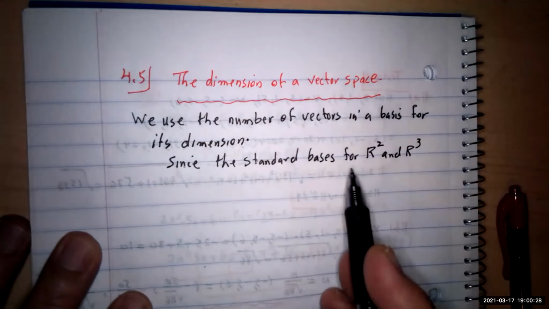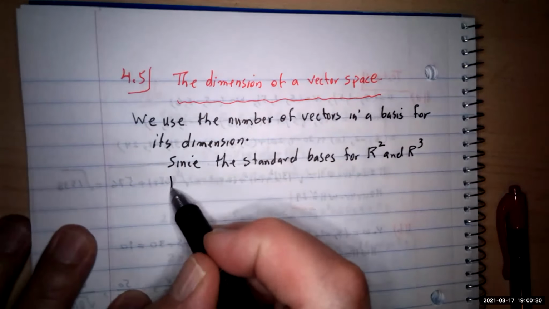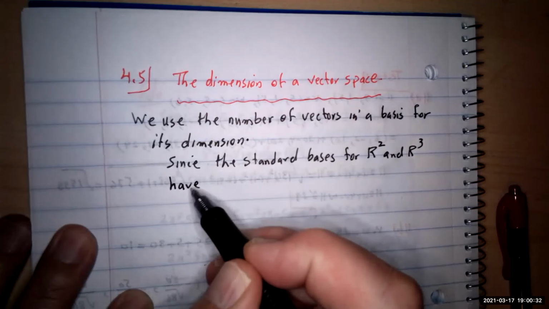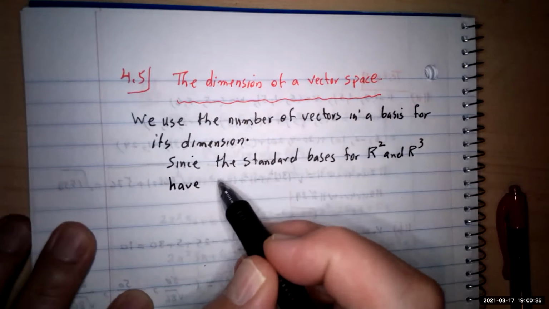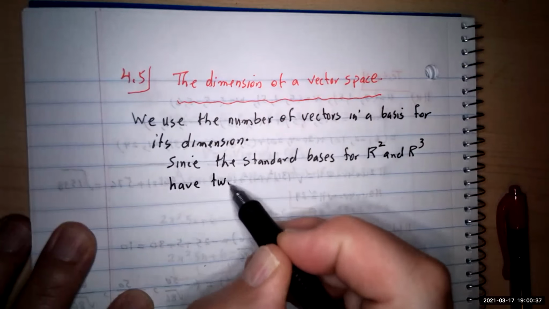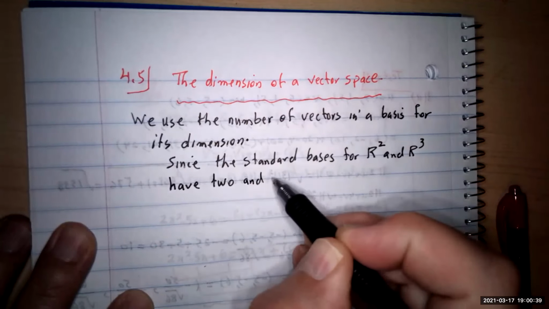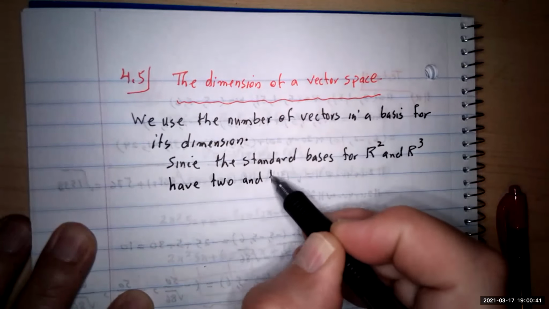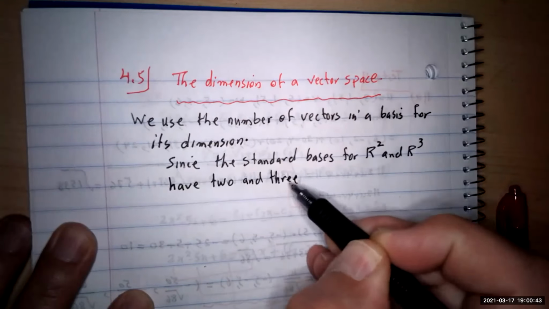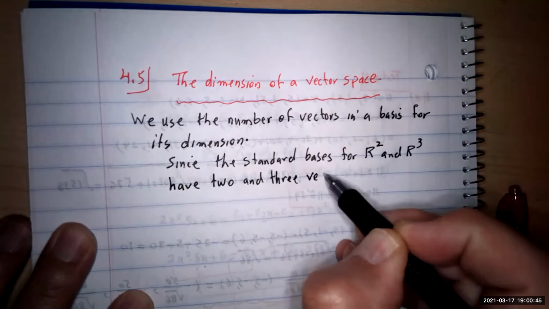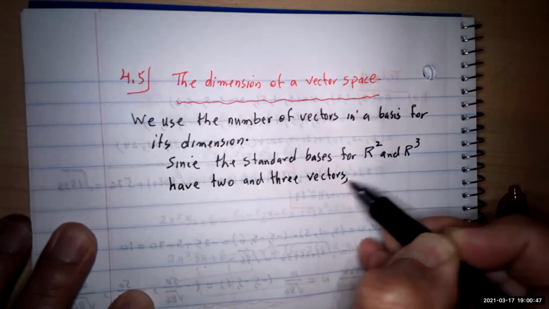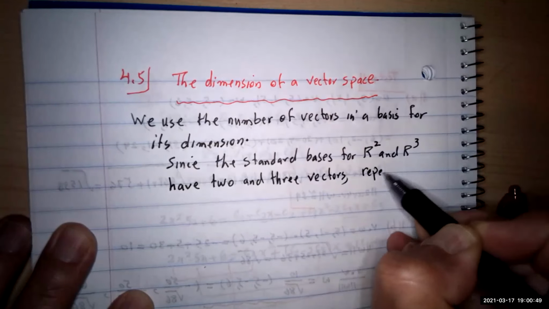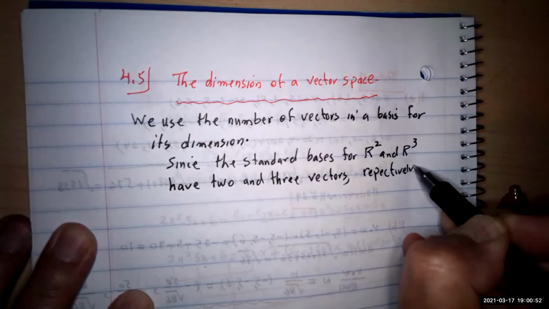In this case, the first one has two vectors and the second one has three vectors, respectively.